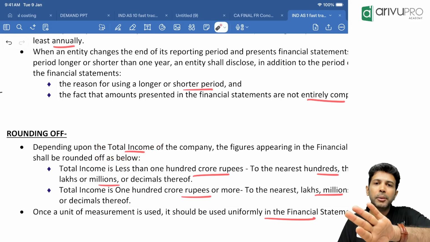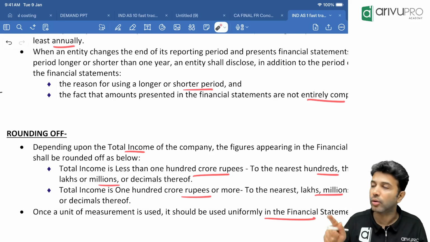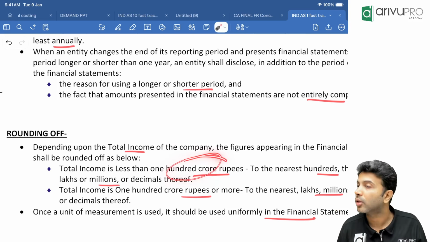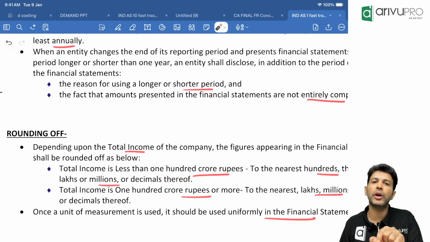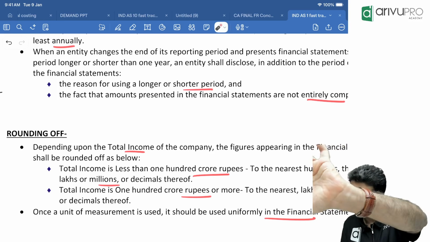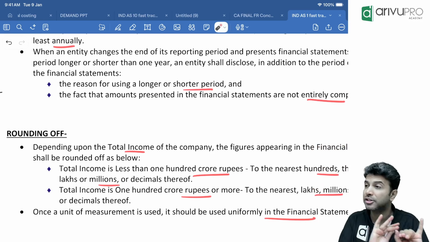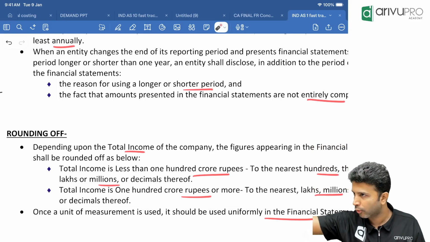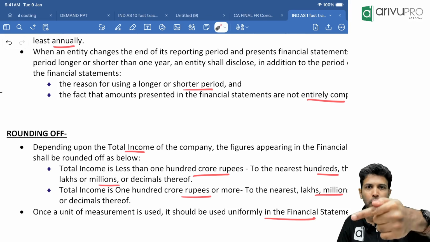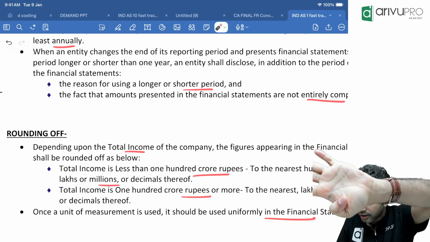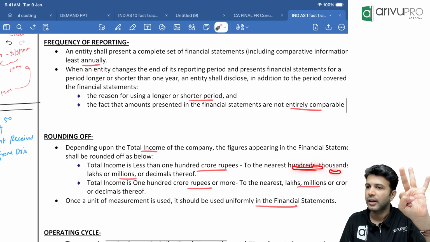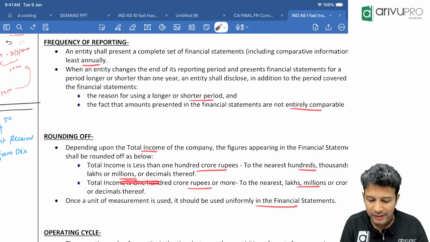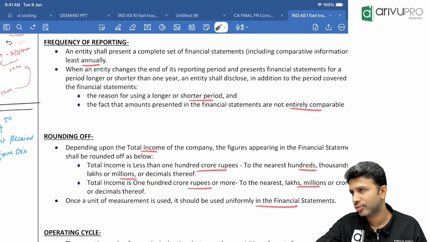If the total income is below 100 crore, a company is free to round off in hundreds, thousands, lakhs, millions, maximum millions. Four platforms, they can choose one of them for round off. They can't round off in crores.